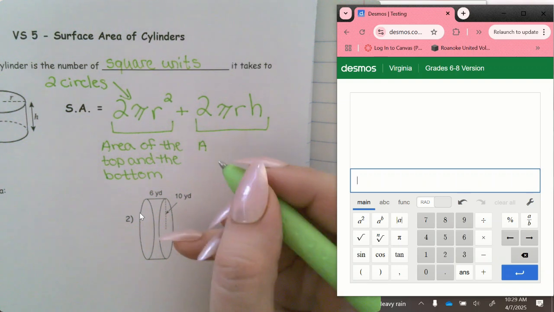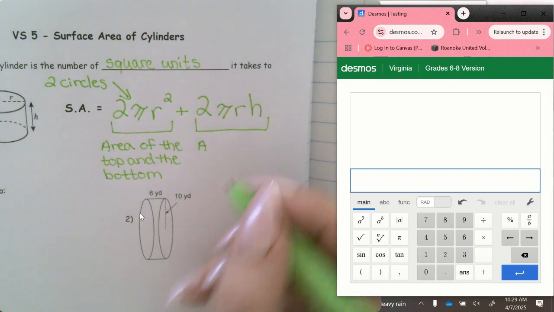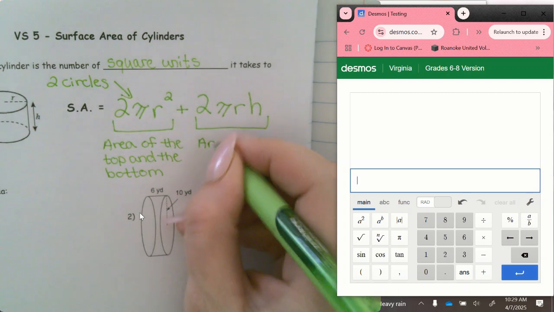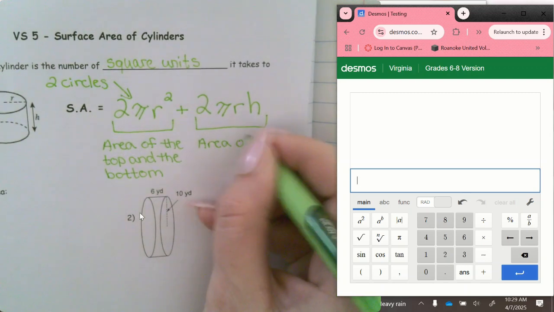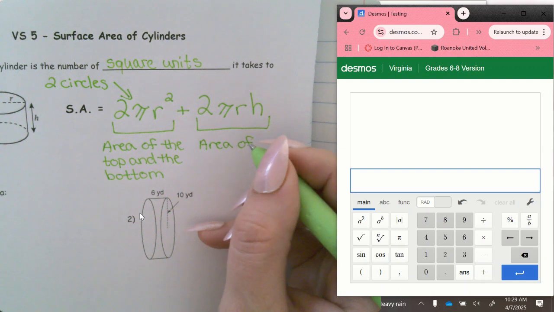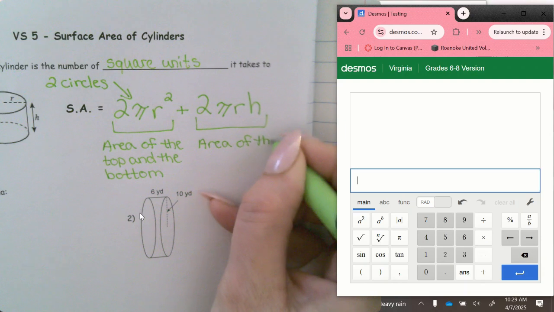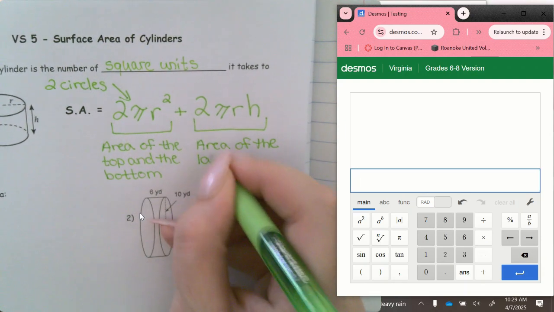The circumference is the distance around it, but I'm talking about if I had my coffee mug, and because this is roughly a cylinder, I were to wrap a piece of paper around the outside of it. I'm not covering the top, I'm not covering the bottom. Lateral? It's the area of the lateral surface.